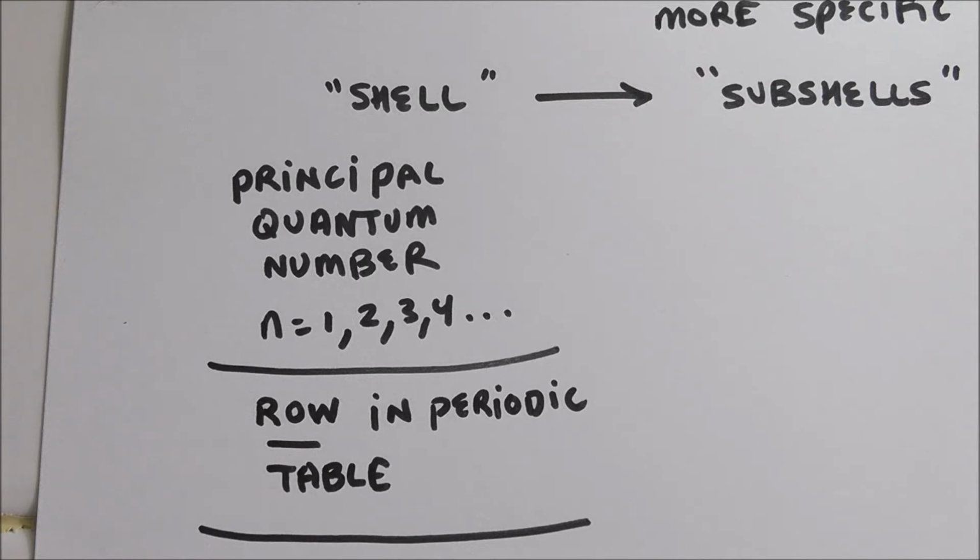For example, the first row in the periodic table only contains 2 elements, and that's because the first shell can only hold 2 electrons. Then the next shell holds 8 electrons. As you find more electrons in an atom, they become more complicated.